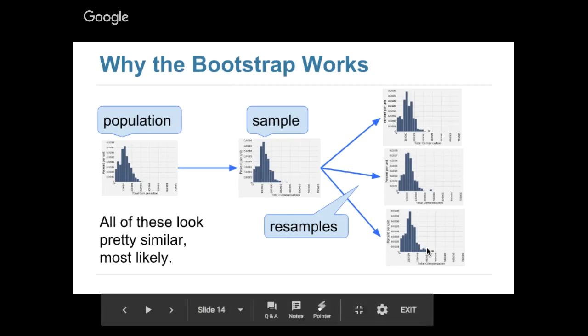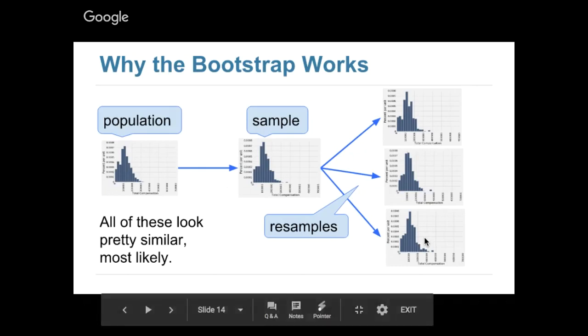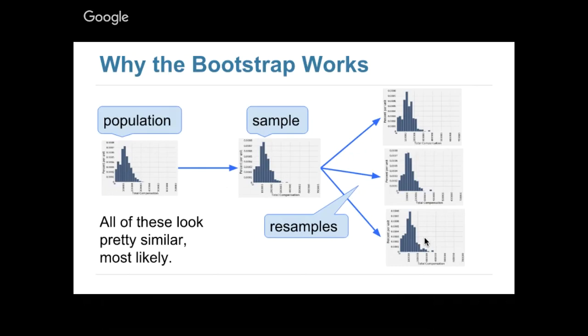The reason I can do that is because my sample, if it's large and random, appears like the population. You see this sample here looks mostly like this population here. So I don't have the population, and I don't have multiple samples, but I'm going to pretend that my sample is a population and take multiple samples from there. Now, it seems questionable, but I'm going to show you that it works.